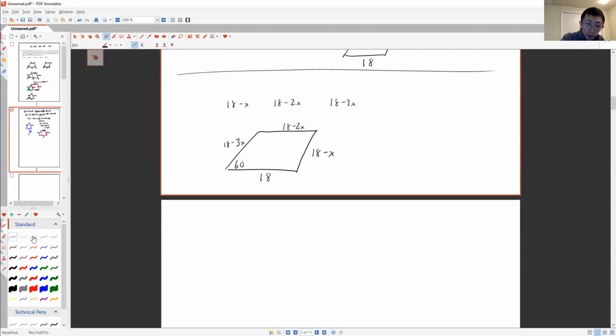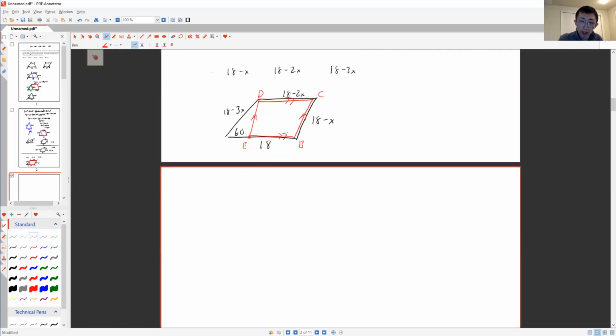So again, I don't know what the configuration looks like, but we remove this parallelogram, where we construct this point E such that DE is parallel to CB, even though my diagram doesn't look like it. So, what do we get in this case, right?